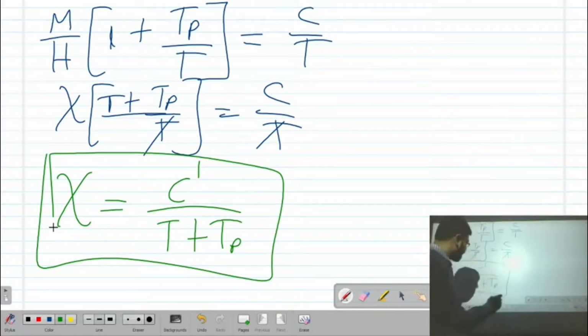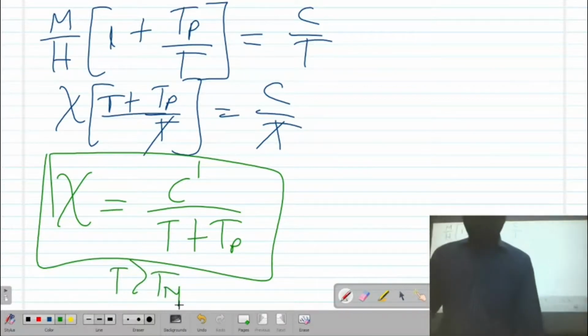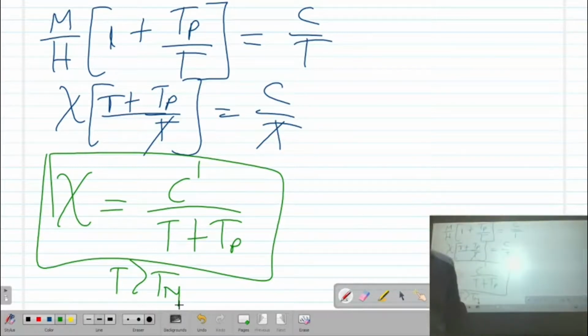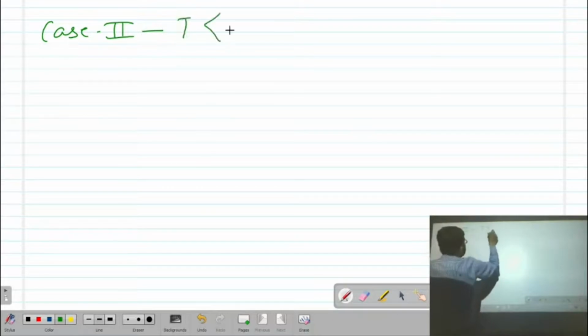This is the case where we have taken T greater than T of N. Now let us take another example, that is case number 2, where we have T less than T of N.